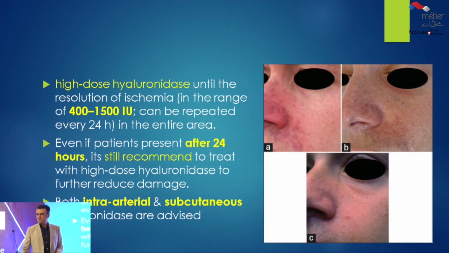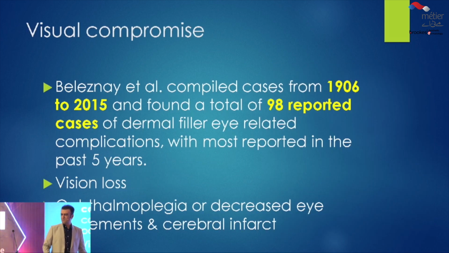In this case, it was injected both intraarterially as well as subcutaneously. The hyaluronidase was injected in that way. Now you will ask, how can you inject intraarterially? If you have ultrasound, so ultrasound guided, you can do that.